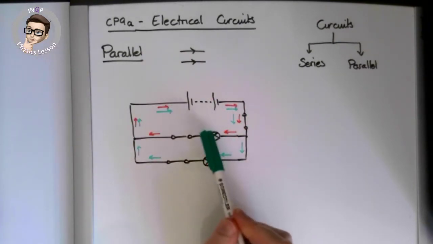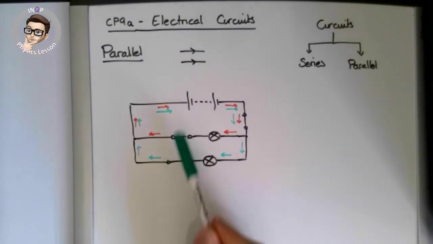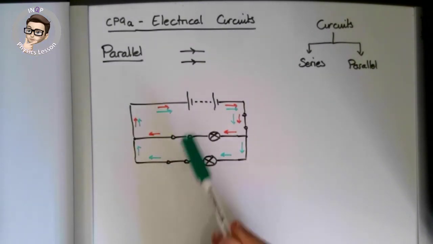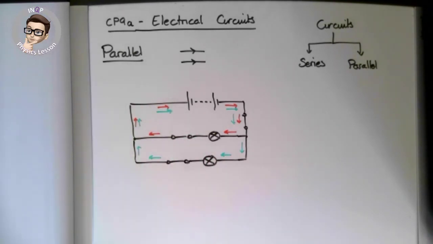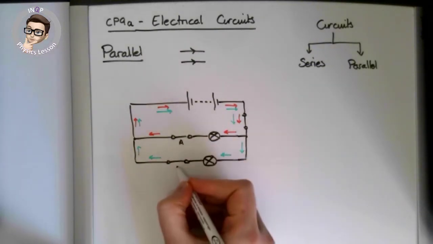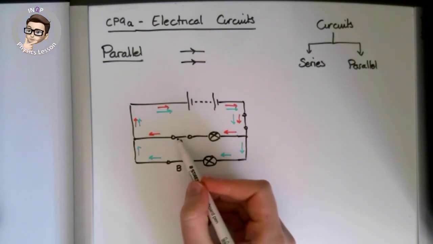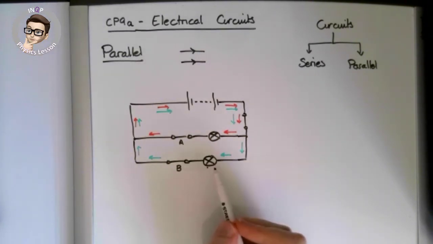So if this bulb was to blow, then in fact this bulb would carry on working. And that means that I could choose which of my two routes stays connected depending upon which of these two switches I turn on or off. If I have A and B, if I turn A off, so if I open this switch, then only B would light up.